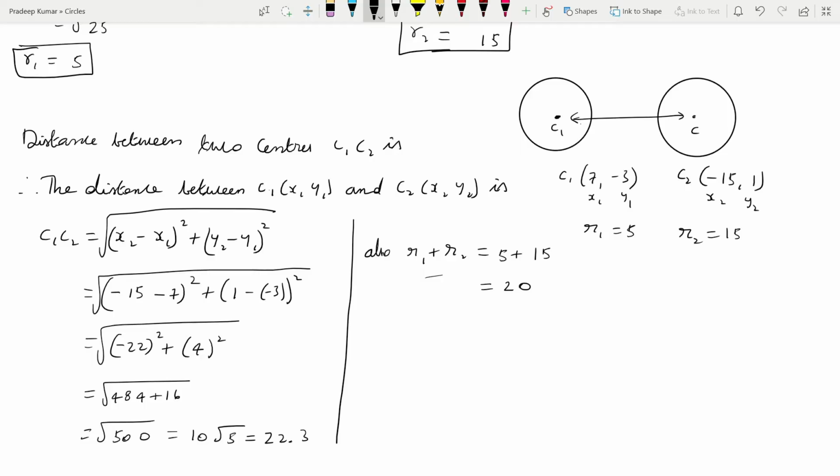So in such a case, the distance between center 1 and center 2 is greater than the sum of the two radii, which means that the two circles are not touching at all. Therefore C1 C2 is greater than R1 plus R2, so we can say the two circles do not touch each other.